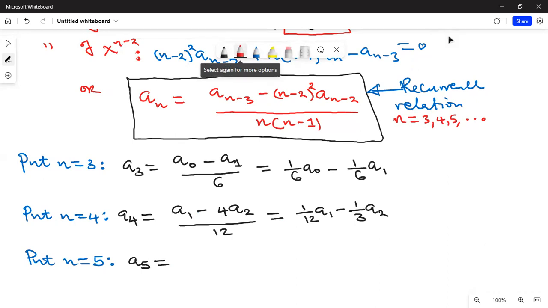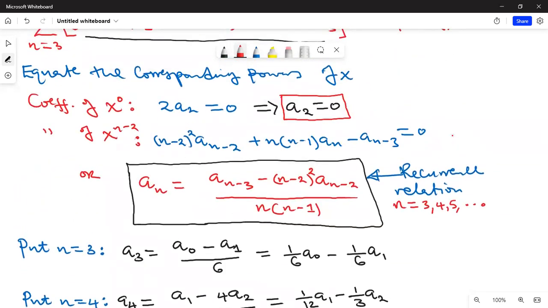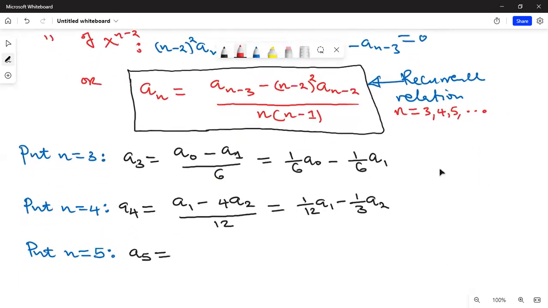We said a2 equals to 0. That's what we got from here. So it's better I simplify. Where there is a2, just put 0. Somebody will ask, why is it 0? I've explained. a2 is 0, so this is the same as 1 over 12 a1. So remember, I don't know a0, I don't know a1.